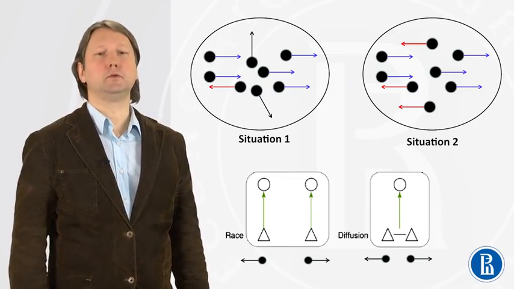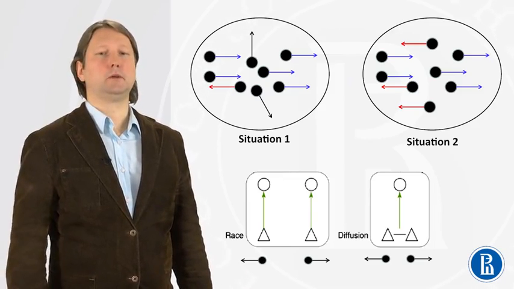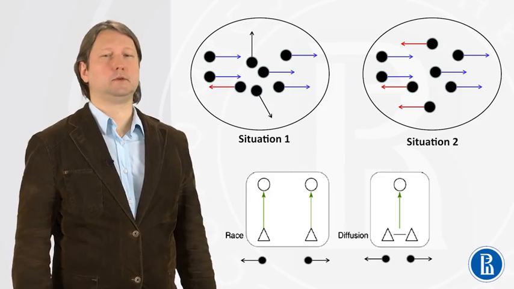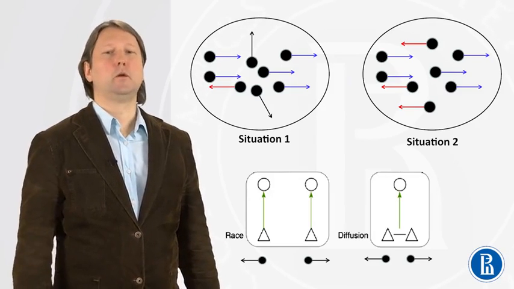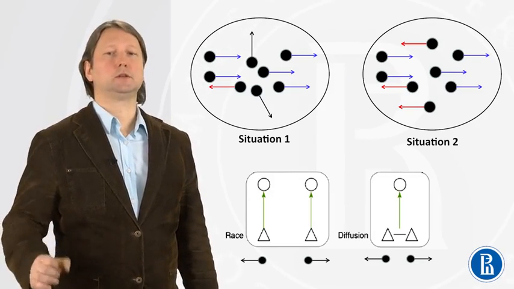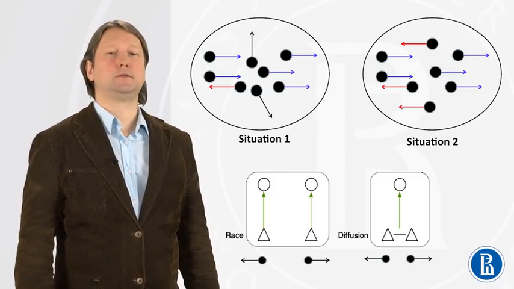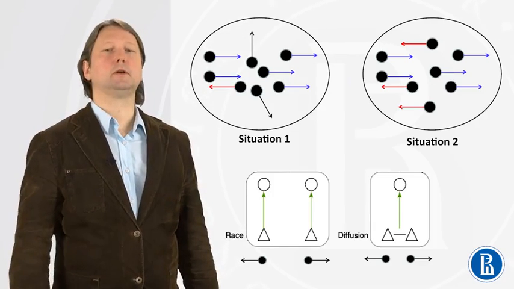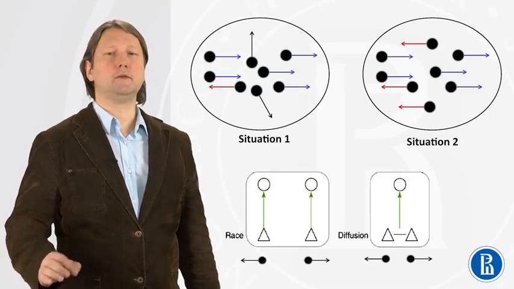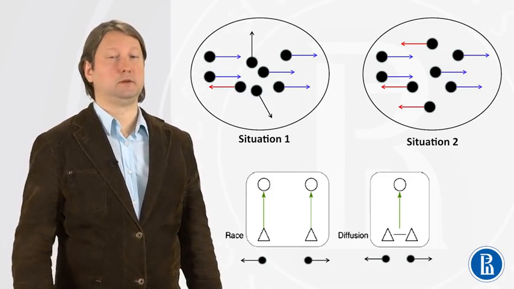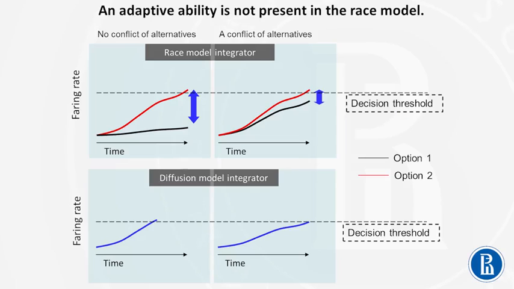According to the diffusion model, the animal will make a choice faster in the first situation, and decision-making neurons will achieve the decision threshold faster in the first situation because the network in the diffusion model calculates the difference between the evidences for alternatives. So I would illustrate this adaptive mechanism here.